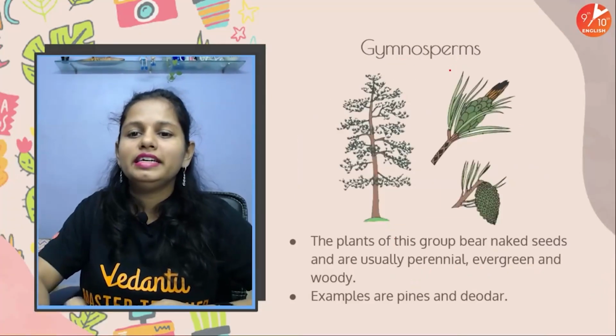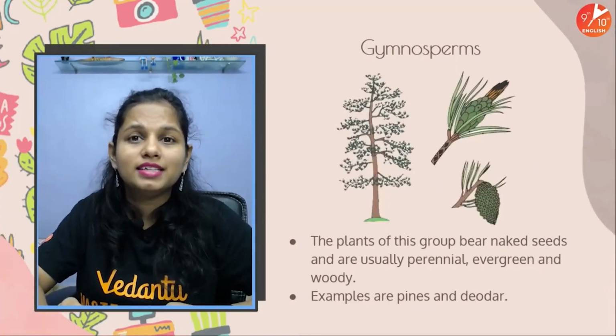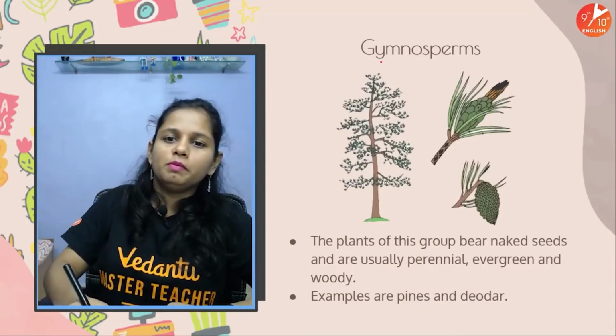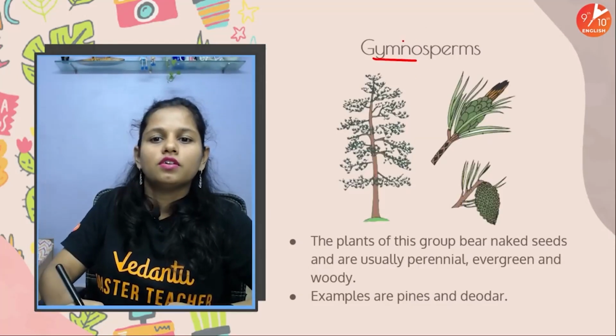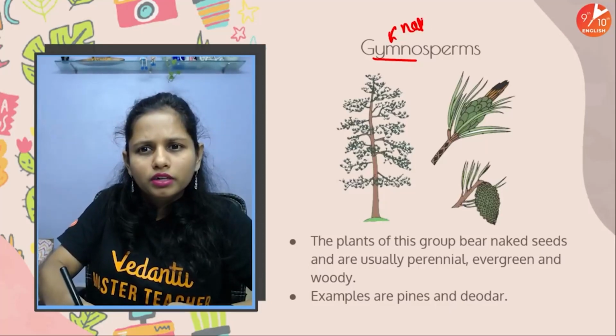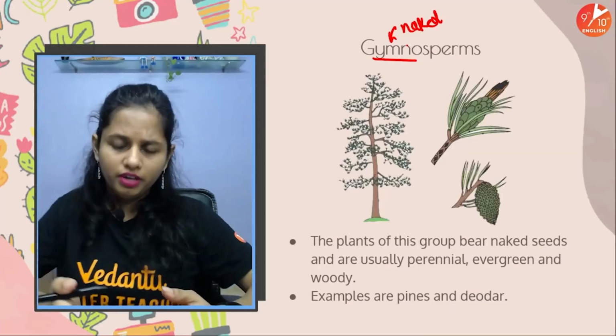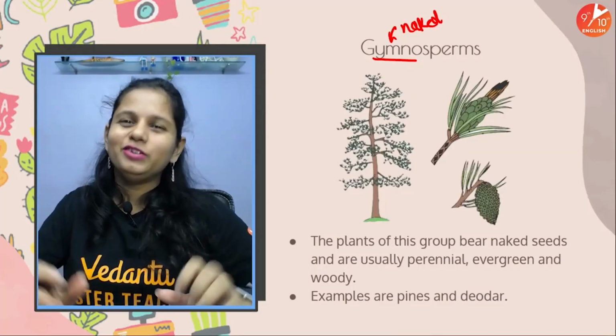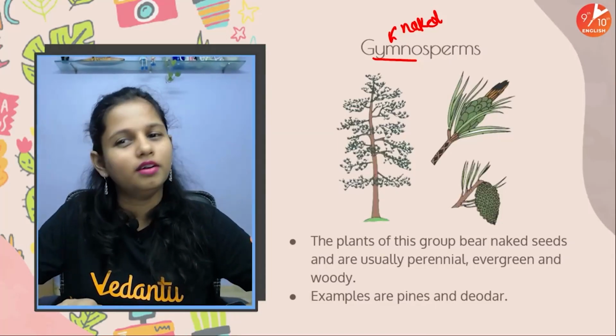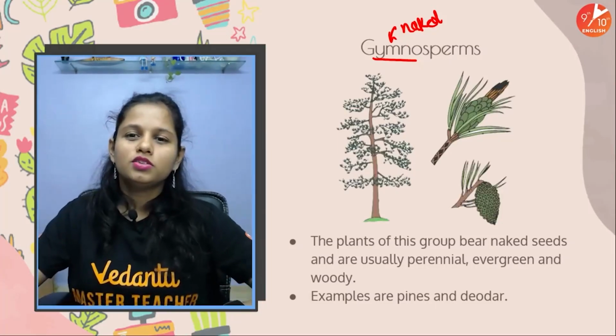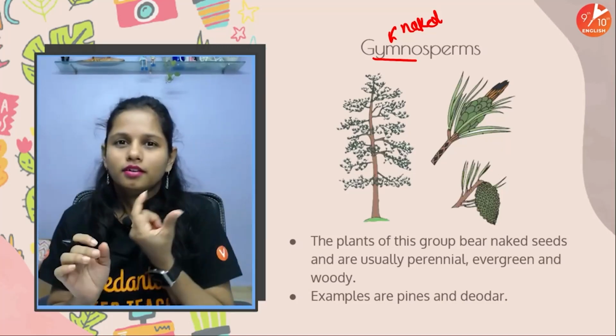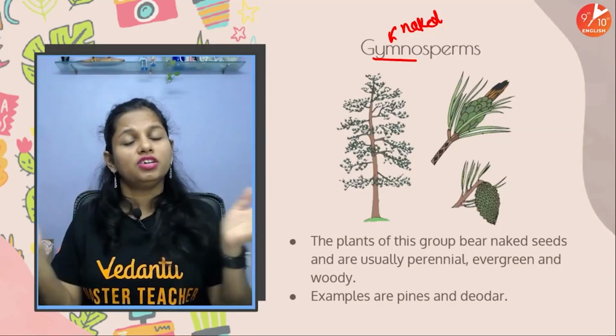Now the seeds can be naked as in the case of gymnosperms. Gymnos means naked. It's a Greek word where gymnos means naked. Let me tell you a very short and amazing story related to this word. Gymnos, gym, abbreviation of gymnasium.